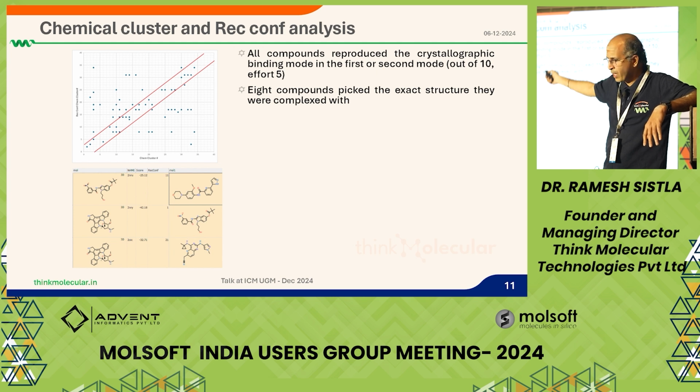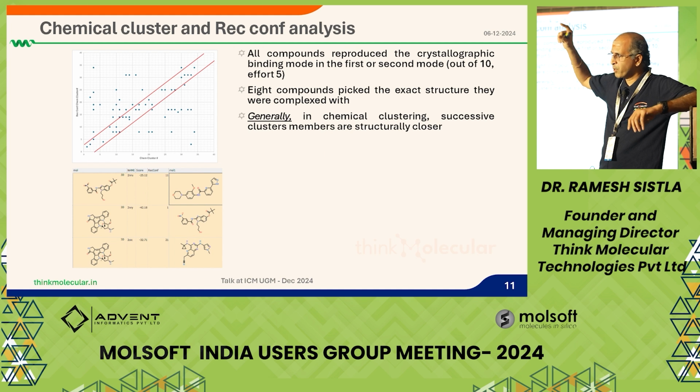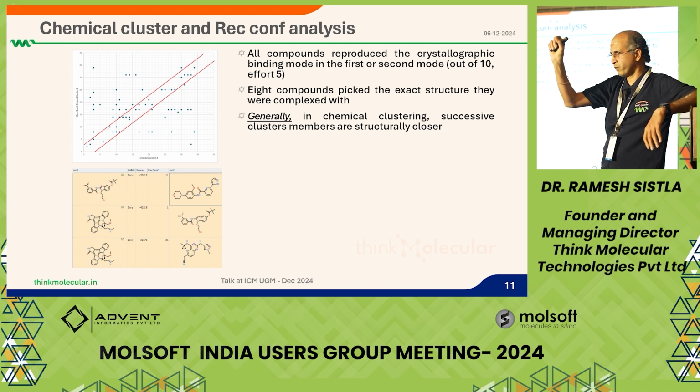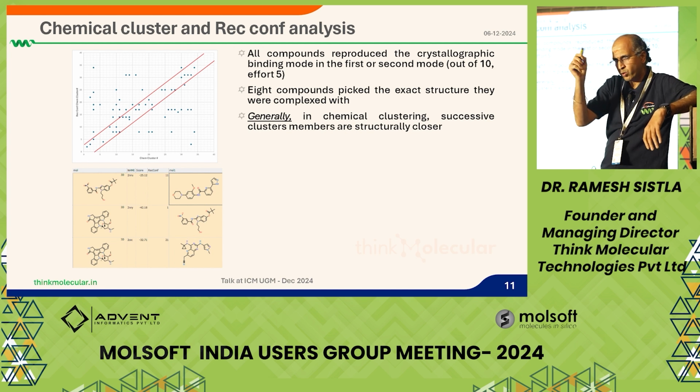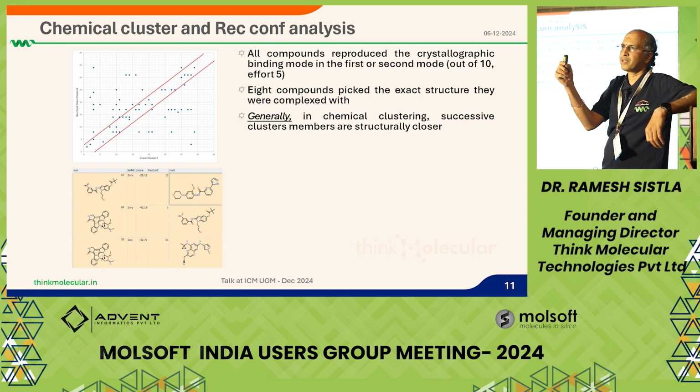Eight compounds. But if you have noticed the way the chemical clustering works, usually successive clusters will have very similar compounds, because you can adjust the distance of the cluster, and they usually belong to the same tree, or the same branch. So I could take a difference of 1 or 2 in the chemical cluster numbering to say that they have modeled into a cluster that has a similar compound.